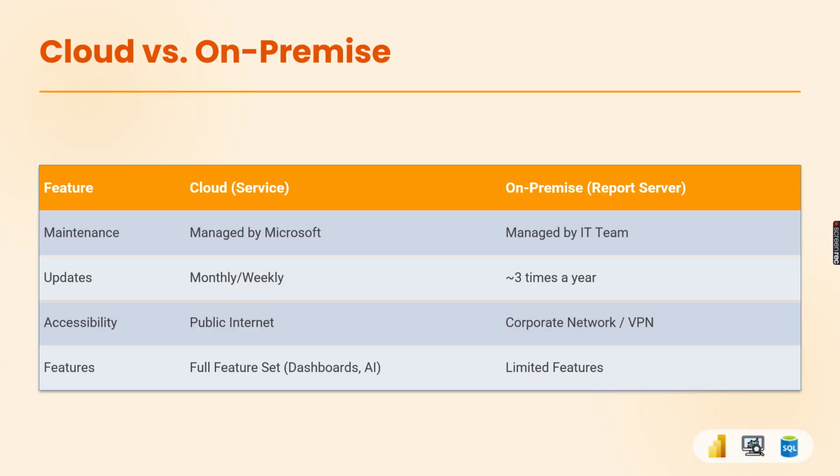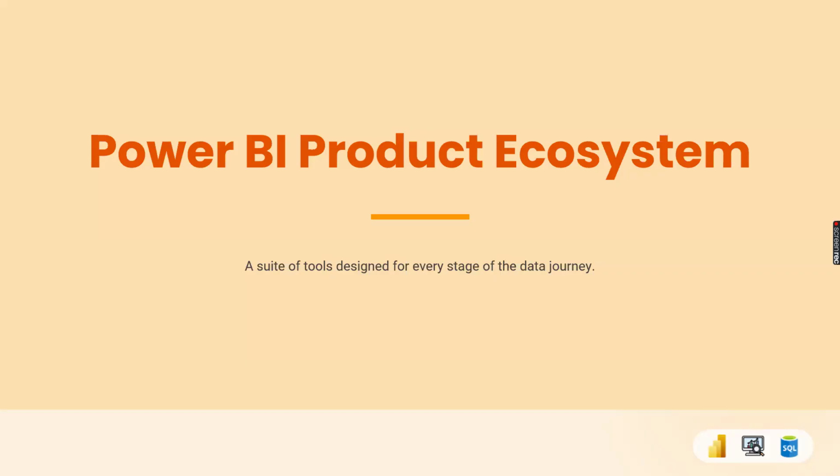You can access it through the public internet also. But on-premise is private. Using VPN or corporate network only you can access. With the cloud service, you will have the full features of Power BI dashboards and all. But with on-premise, you will get only limited features. So always go with the cloud version.